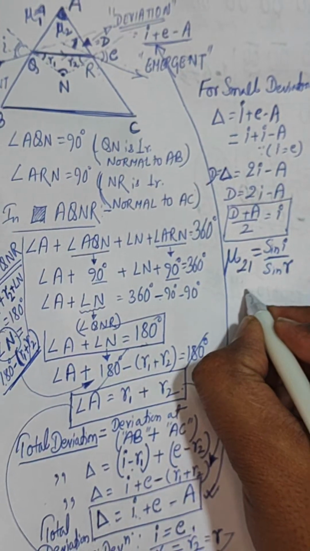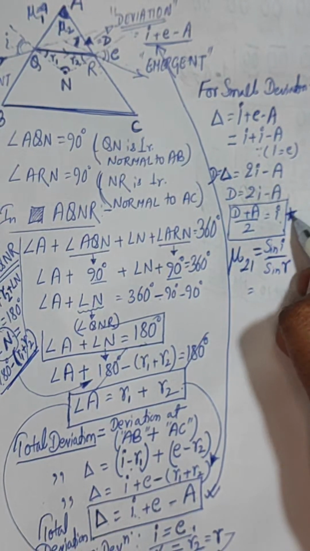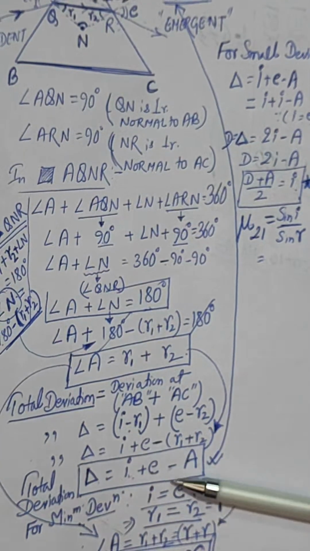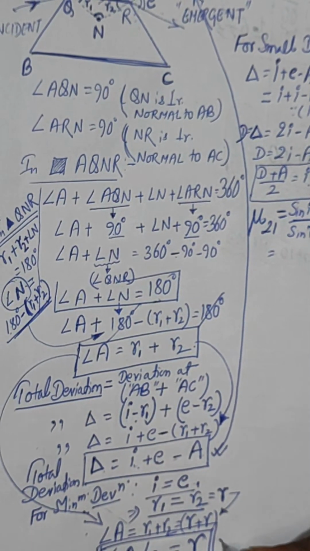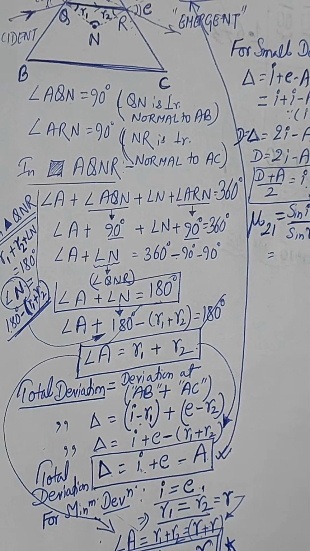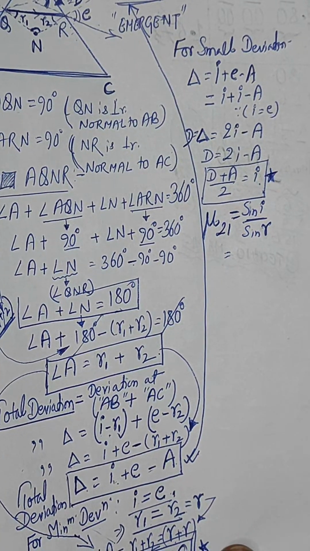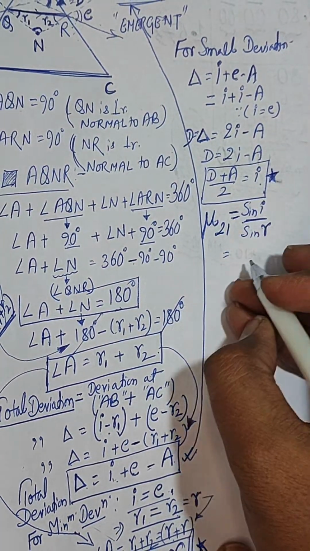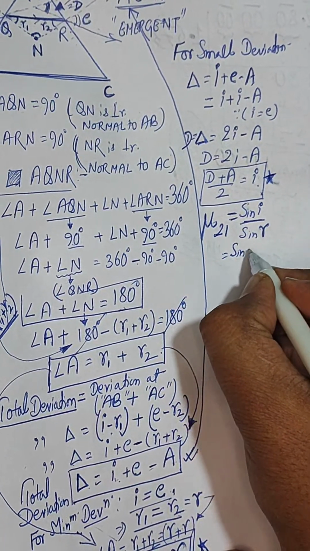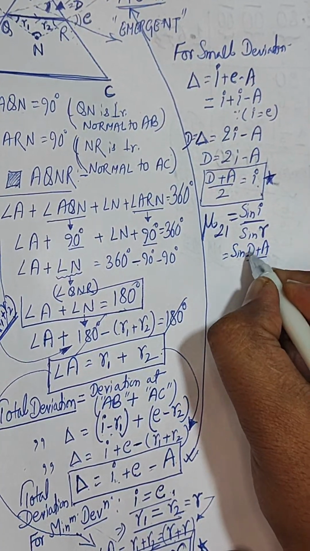And what is sine of I? Put I as D plus A by 2 from here, and R as A by 2 from here, right? So this will give you, since I equal to D plus A by 2, just write sine of D plus A divided by 2.